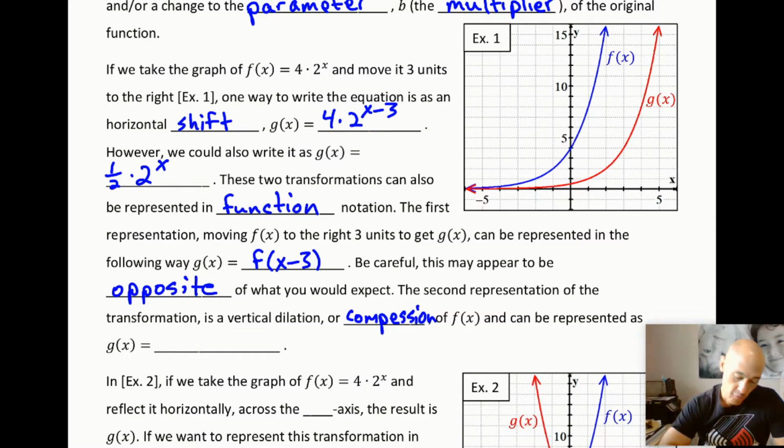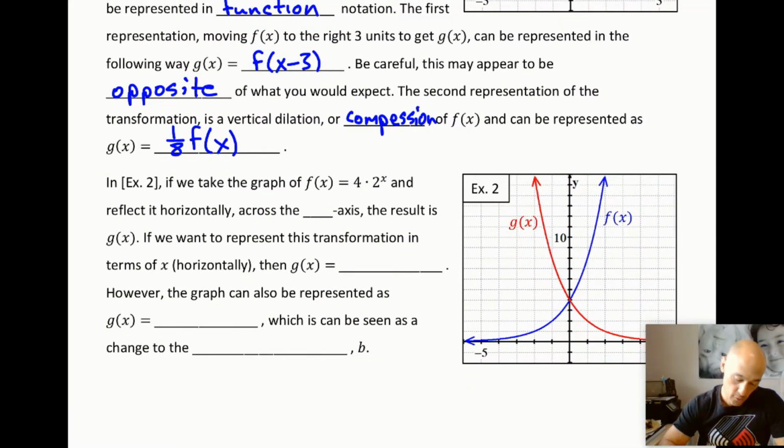And so really what we've done is we've multiplied the entire function f of x by 1/8, because 1/8 times 4 is 1/2. So we can represent g of x as taking the original function f of x, multiplying it by 1/8. And so what happens is that 4 times 1/8 becomes that 1/2. So we're taking the entire function f of x and multiplying by 1/8.